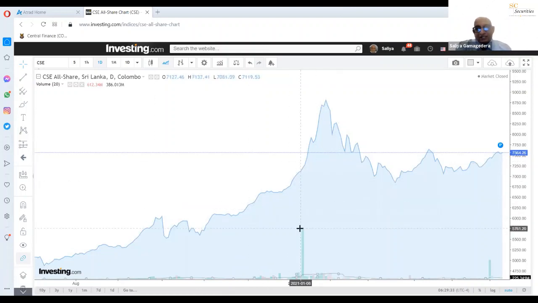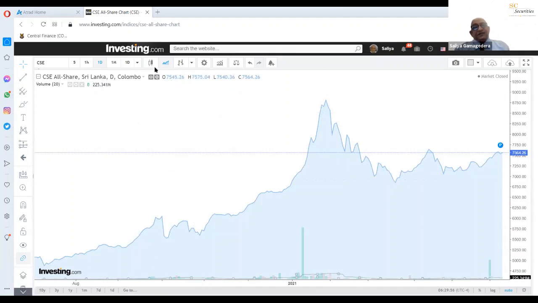Thereafter, we need to understand what this chart is all about. Now, this is called a chart style, and this chart style is the area chart. We need to change this for our study purposes and to move forward, into a different style.